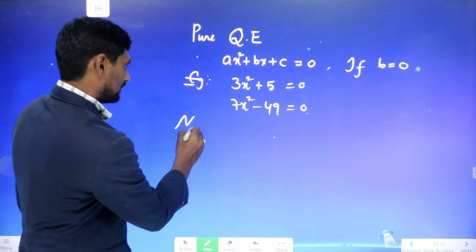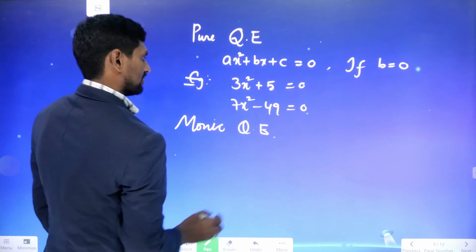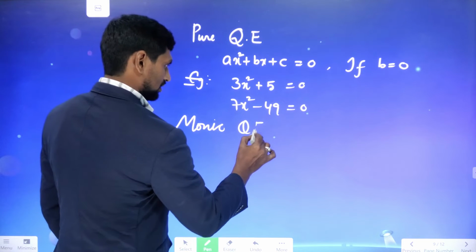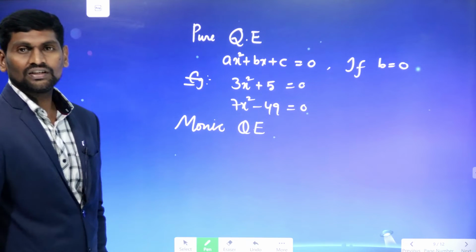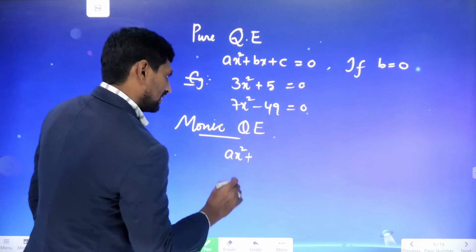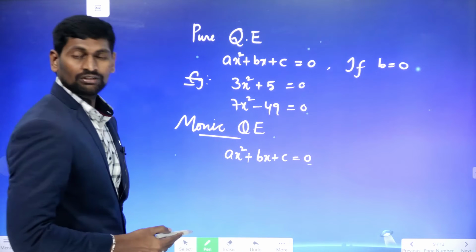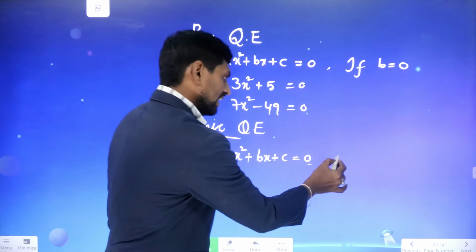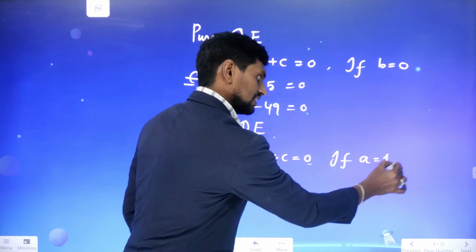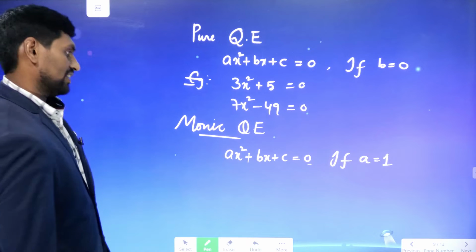Next, monic quadratic equation. Monic quadratic equation means the x square coefficient, that is a, becomes 1. That is called a monic quadratic equation.